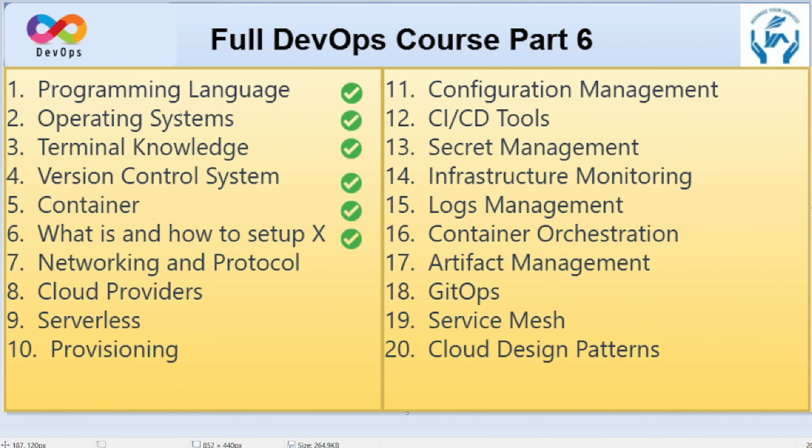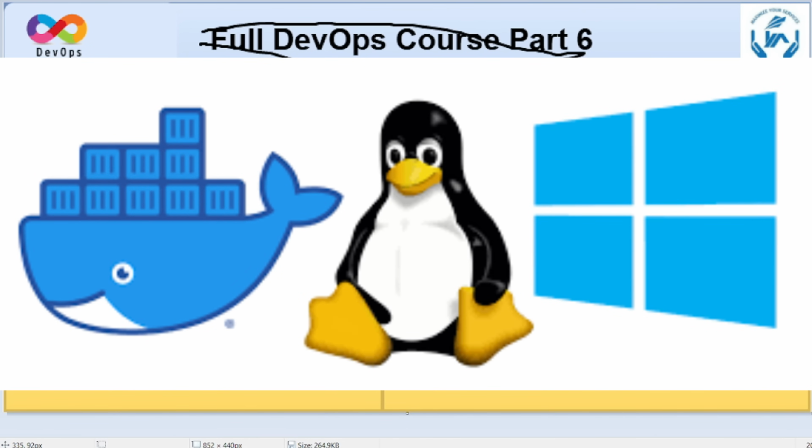Then we have chosen operating systems, which are Windows and Ubuntu. I have been doing installation and configuration wherever needed to complete this DevOps series, using both Windows and Ubuntu.